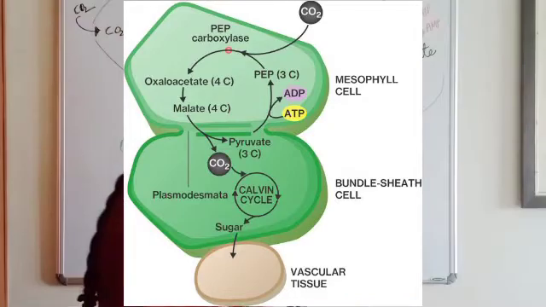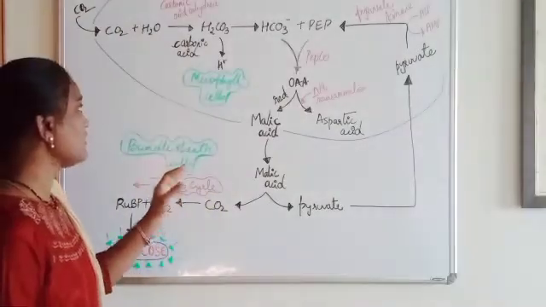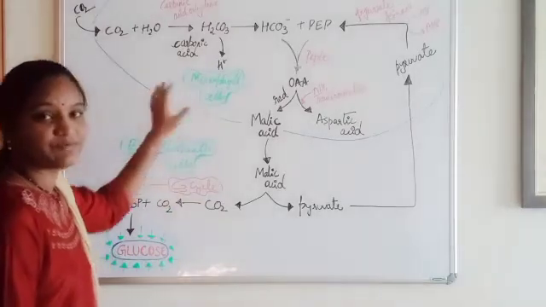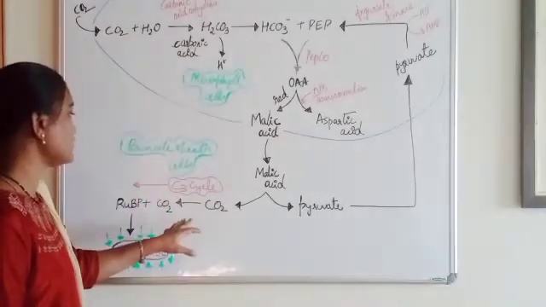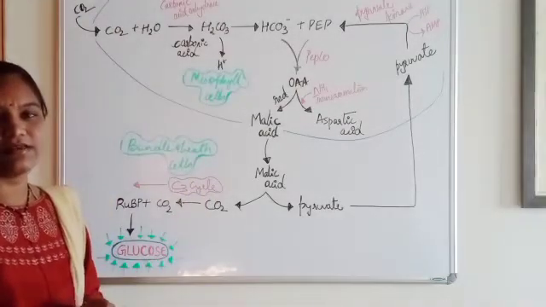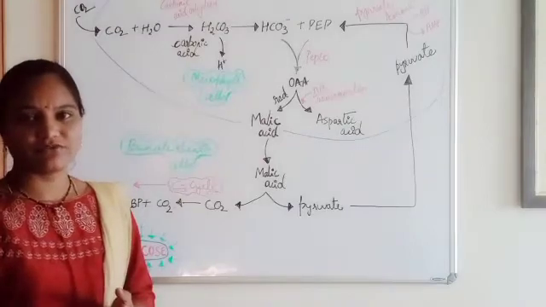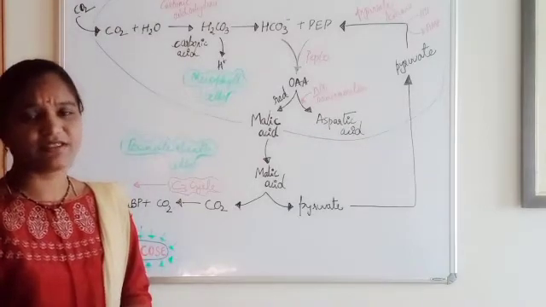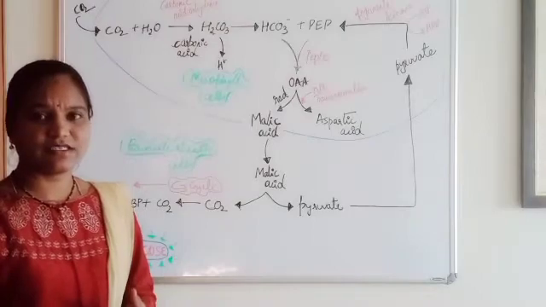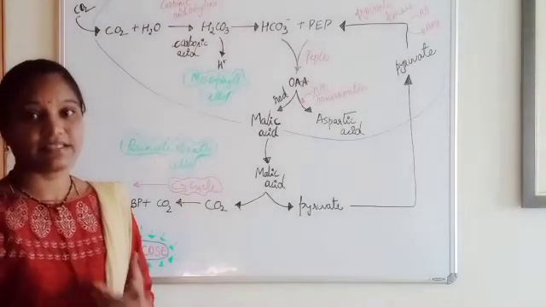So this is the outer framework of your C4 cycle, which occurs in both mesophyll cells as well as in your bundle sheath cells. We have already discussed in the C3 cycle that the carbon dioxide from the environment will enter into the leaves through the epidermis, and the mesophyll cells will easily carry out the C3 cycle in C3 plants.